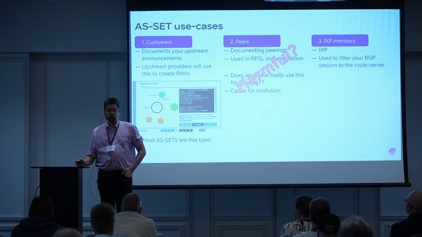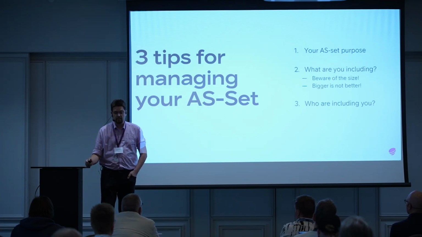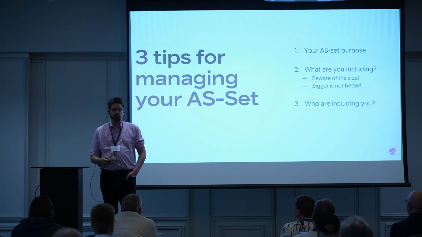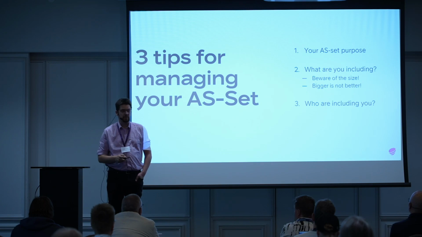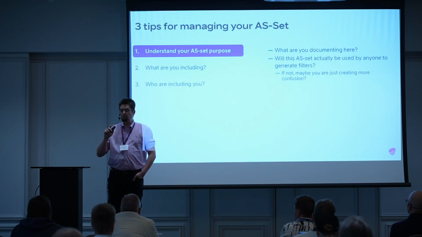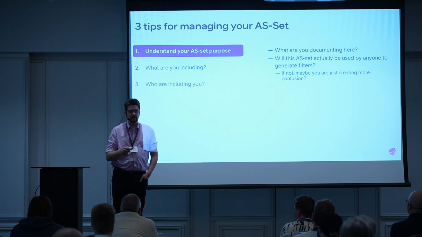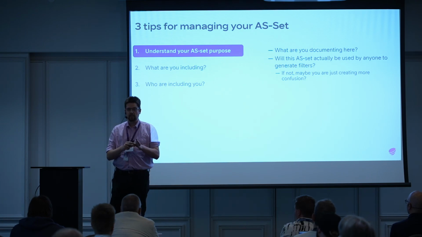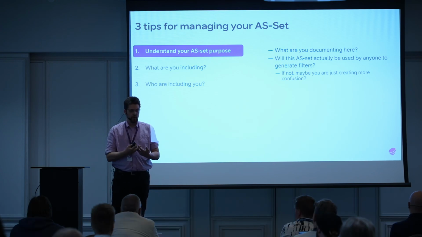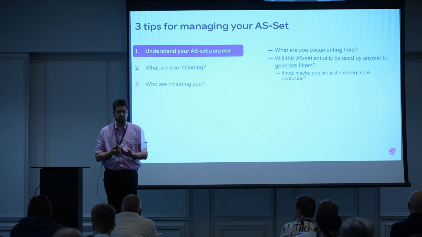So, running very quickly through that, I just wanted to give you 3 quick tips for managing your own AS set and how that can actually improve your routing security. First of all, be mindful that you know the purpose of your AS set, whether you are an IXP trying to document who is reachable through your IXP, or if it is your customers that are being documented.